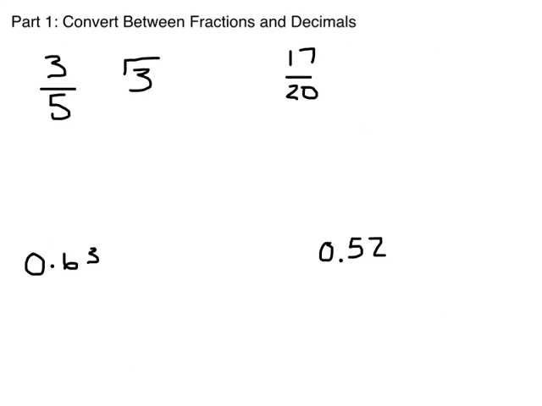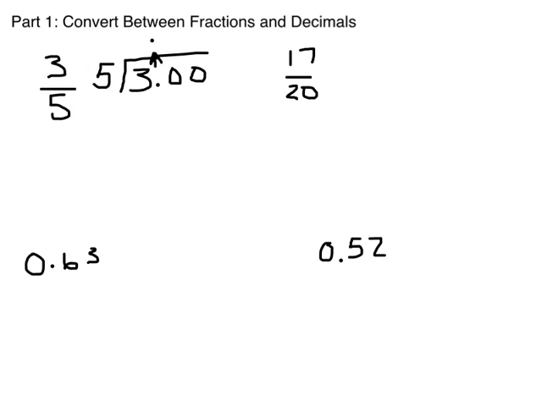Numerator, 3, divided by denominator, 5. And remember, 3 is the same as 3.0 or 3.00. I'm not adding any value. The first thing I need to do in this division problem is bring my decimal point straight up to make sure that the digits in my quotient are in the right place.